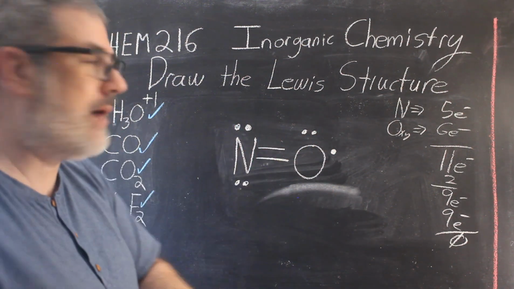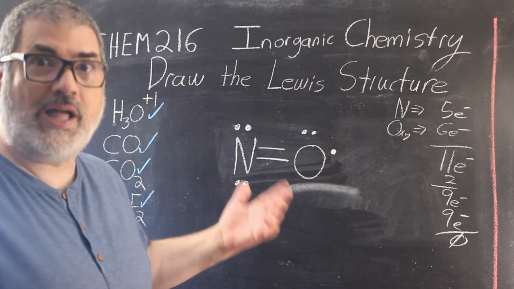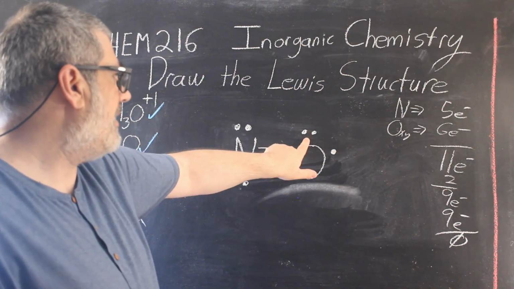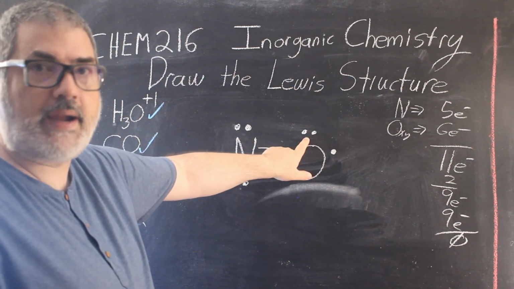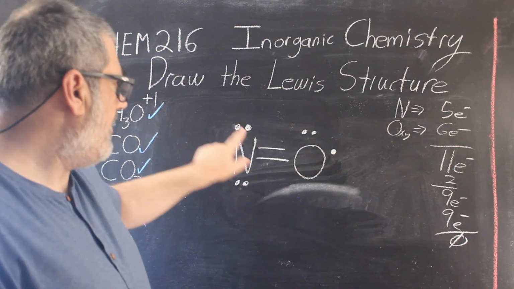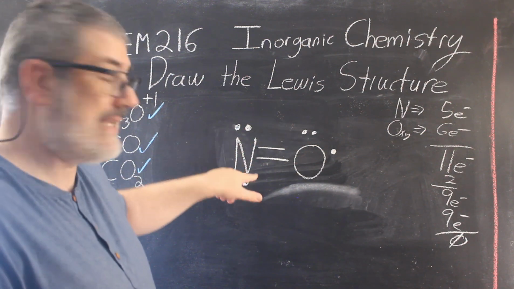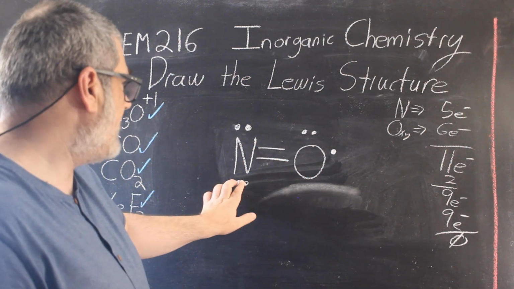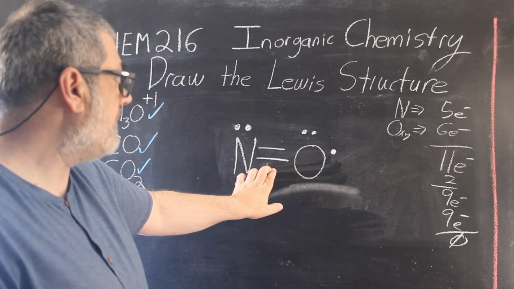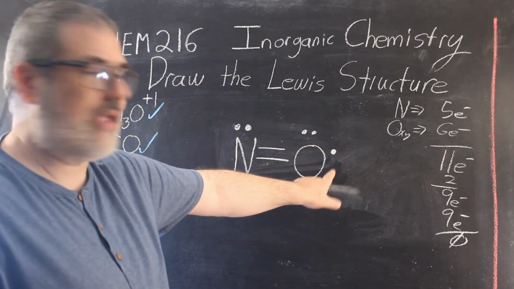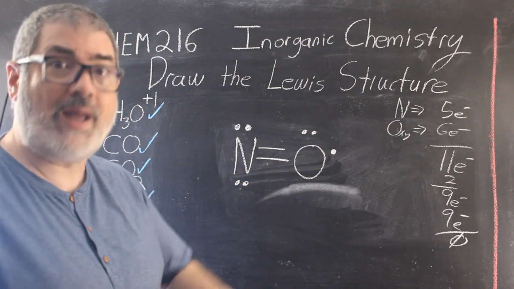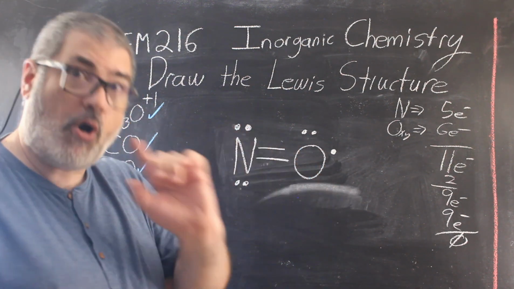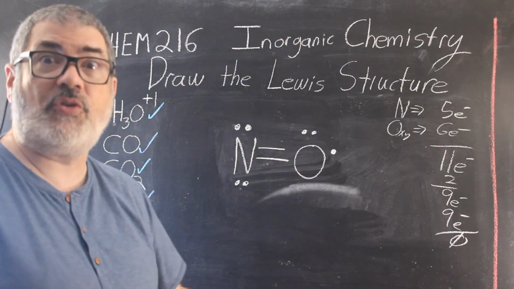Well, the fundamental problem with that is we'll have an octet rule violation if we do that. If I take this lone pair, bring it over here, then the nitrogen will have 10 electrons. It'll have 5 bonding pairs, which is not allowed. And if I take this over here, then I have essentially the same thing, just with the odd electron. So I can't go to a triple bond. You can try that, and hopefully you can convince yourself that that doesn't work.